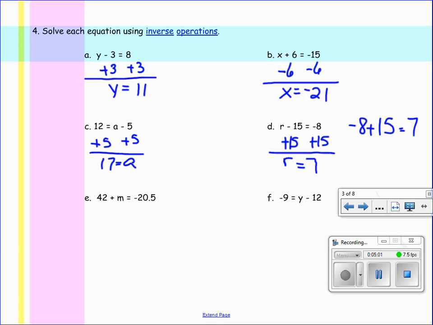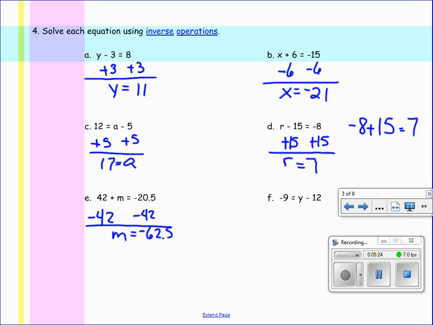On E, again, your goal is to get that variable by itself. So I'm going to subtract 42 from each side. 42 minus 42 is 0. Negative 20 and 5/10 minus 42 will be negative 62 and 5/10.